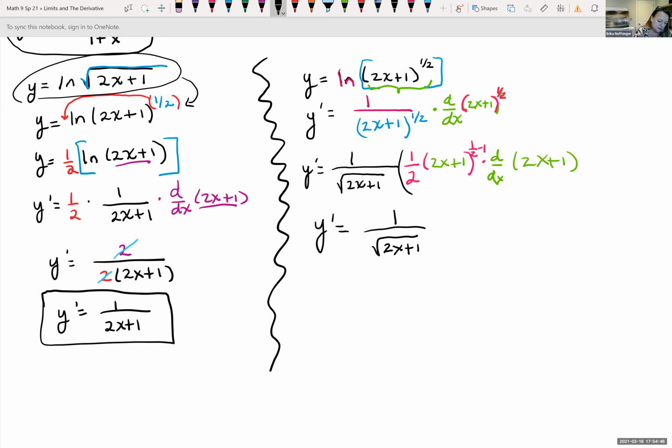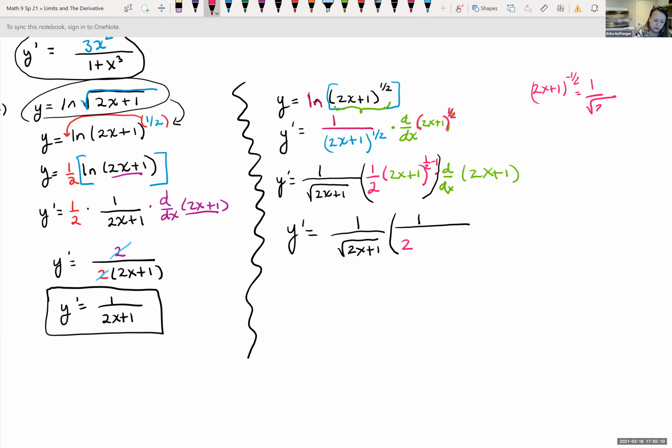all times this piece. This piece right here is 1 all over that 2. Notice that 1/2 minus 1 is a negative 1/2 power. So I'm just taking 2x plus 1 to the negative 1/2 power. I'm going to rewrite it as 1 over that and make the exponent positive and rewrite it as a radical.